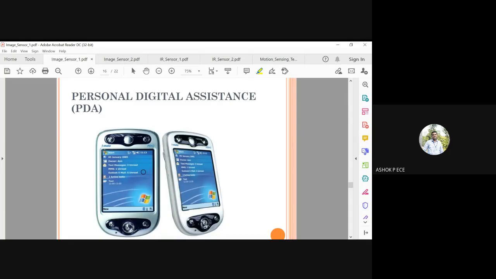You can open MS Word type documents, you can open MS Outlook and see a mail, you can read text messages, you can read MMS, everything you can do using a PDA. PDA is personal digital assistant. It is, I would say, a mini computer. You even have a mobile where you can insert a SIM card and use it as a mini computer.